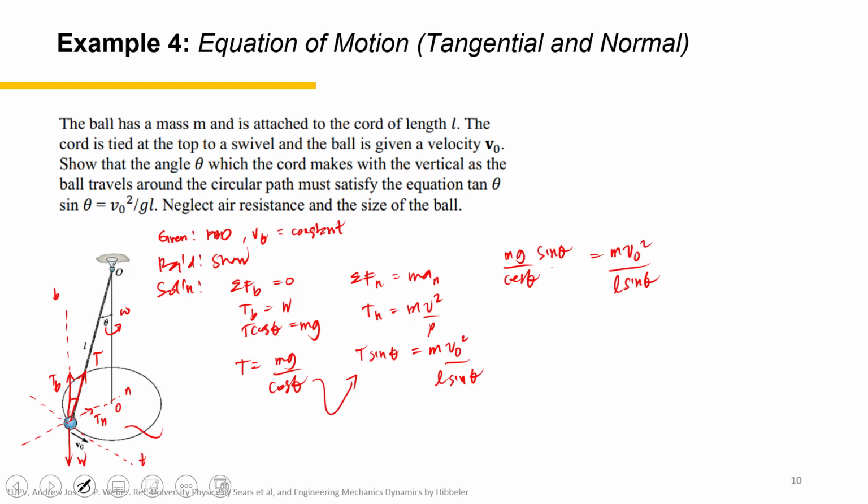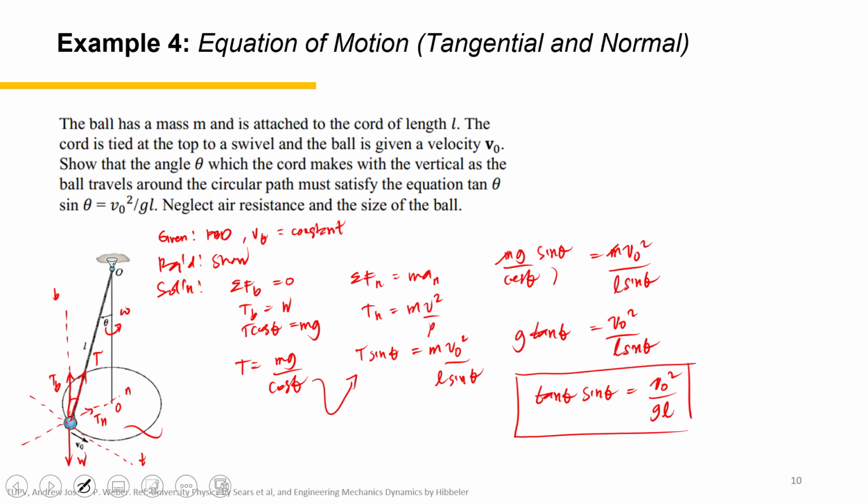So cancel m. That would result to tangent theta g is equals to v0 squared over L sine theta. So finally, our expression for the angle is tangent theta sine theta is equals to v0 squared divided by gL. Okay, so we have proved that expression.